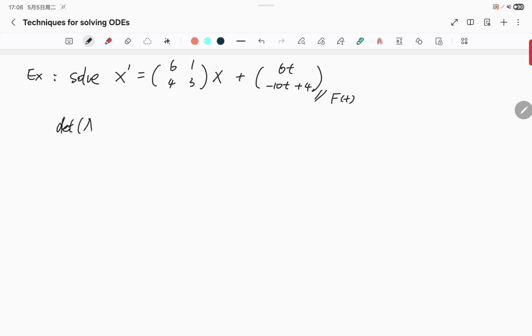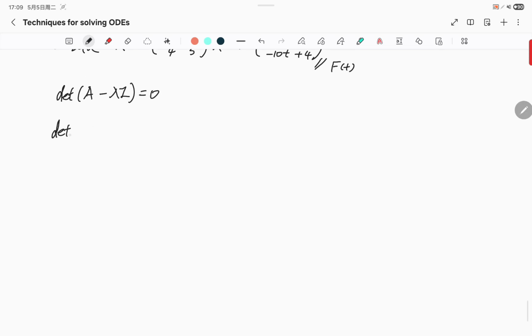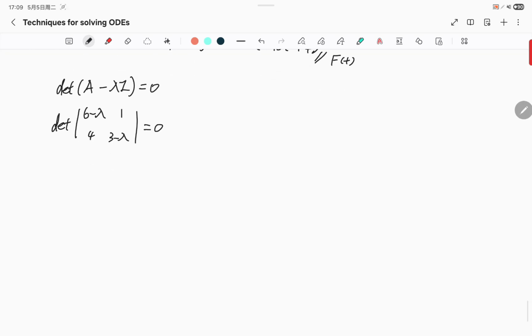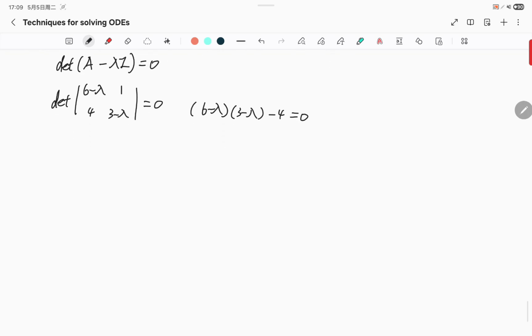that A minus lambda identity is equal to 0. So we have, we're going to solve this. We have 18 minus 9 lambda plus lambda squared minus 4.